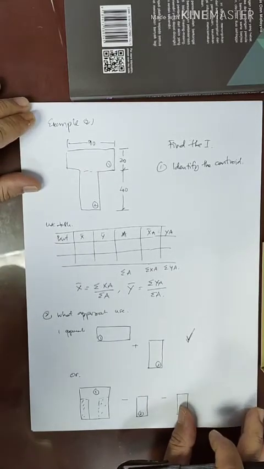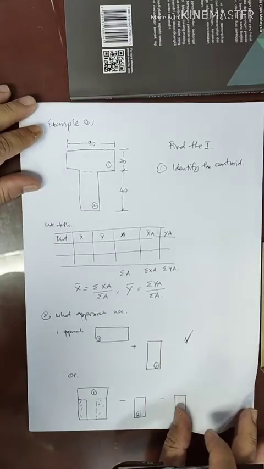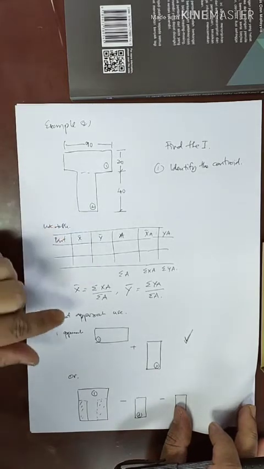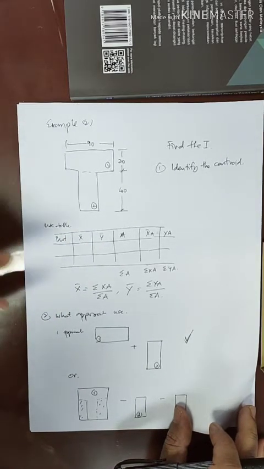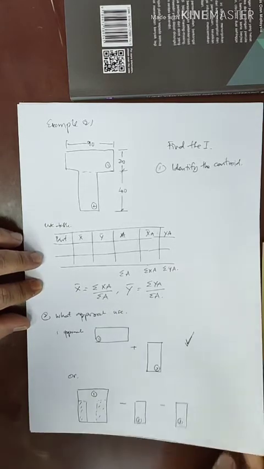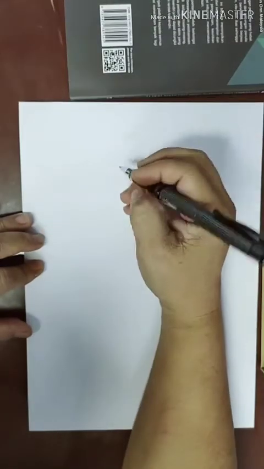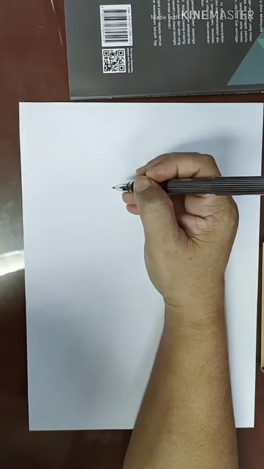It's no problem. It's just that you need extra care when you deal with the y and also the d. Okay, so let's say we use the first approach, which is the plus approach.